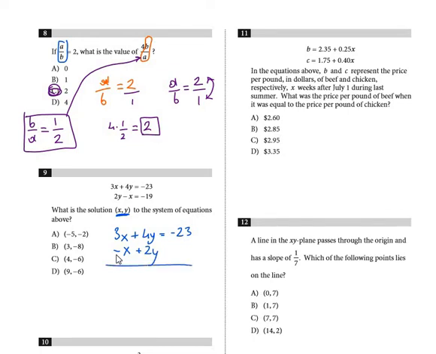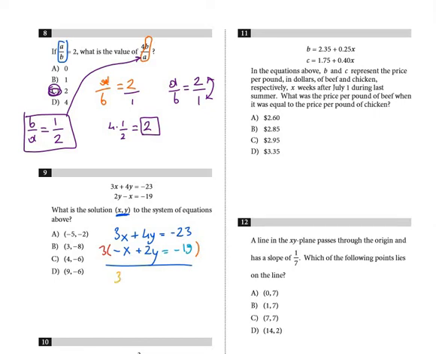We have negative x and we have 3x. So if I multiply this whole equation by 3, I can obtain negative 3x, which will cancel each other at the next step.